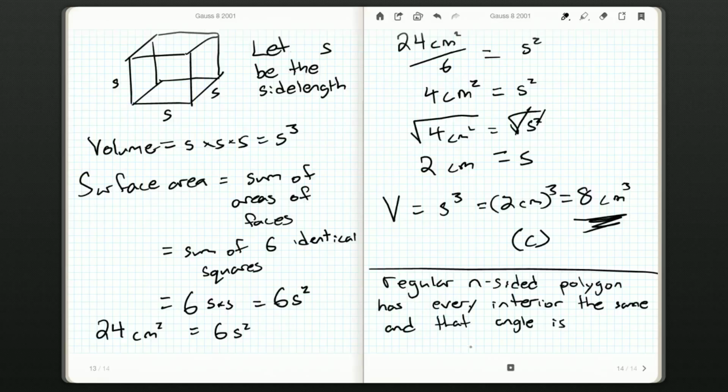And that angle is, oh, I know there's a formula for it. I'm trying to remember what it is. I think it's n minus 2, times 180, all divided by n.